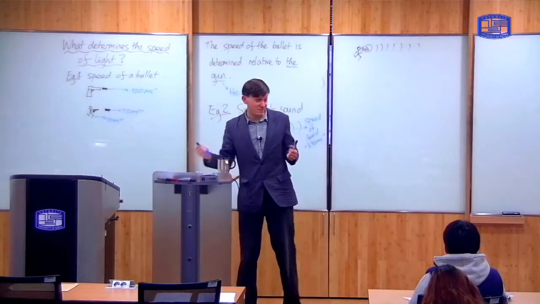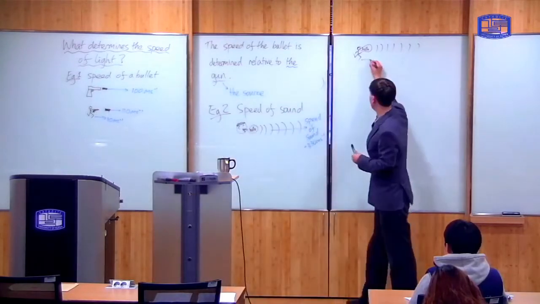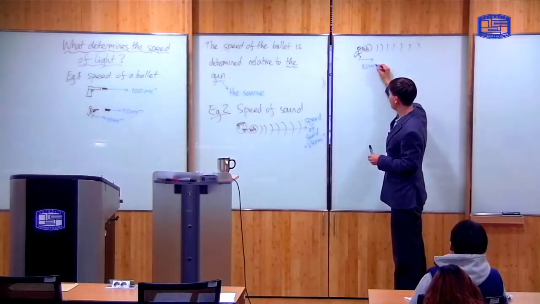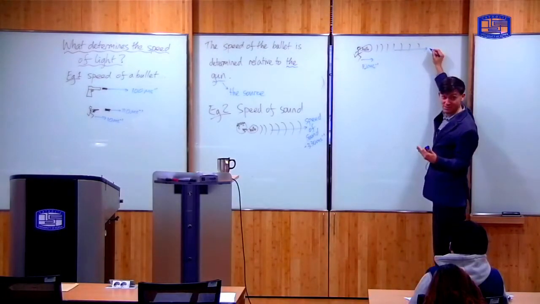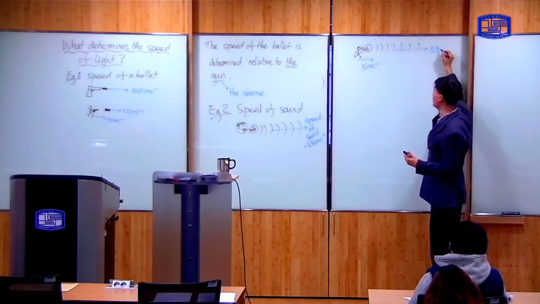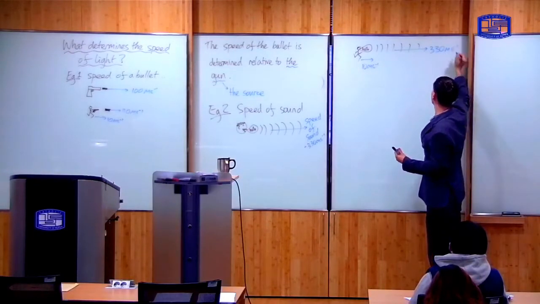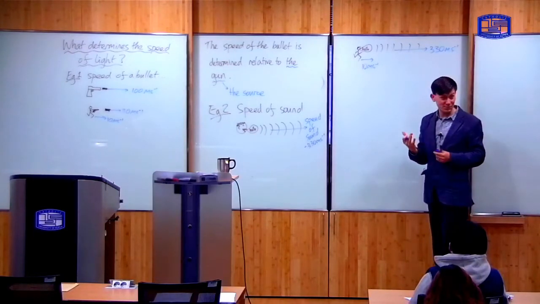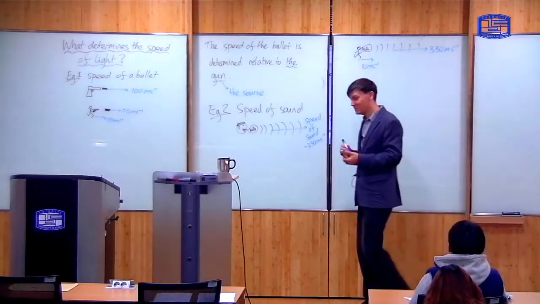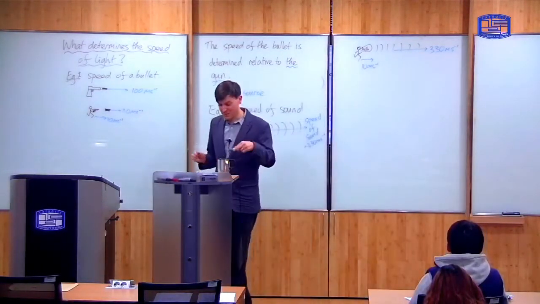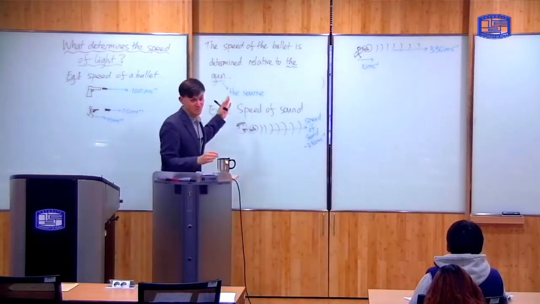Now, this example is different. Even if I run at a speed of 10 meters per second, the speed of sound is not changed. The speed of the sound coming out of my mouth is not affected by my speed. So the speed of sound is not determined by the speed of the source. It's different from the case of bullets.